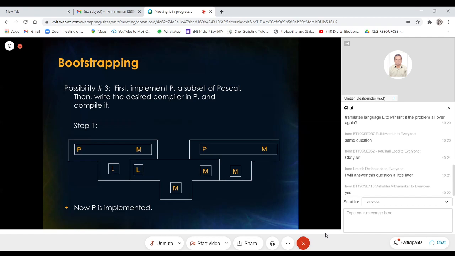So first, instead of writing the translator for the entire language Pascal, which might have hundreds of features present in it, what we do is pick up a subset of that entire programming language Pascal, and let's say that subset is denoted by this symbol P. So P is a subset of Pascal, and you would also agree, as we go through this course towards the end, you will understand that we can implement anything if we have support of three or four kinds of statements.